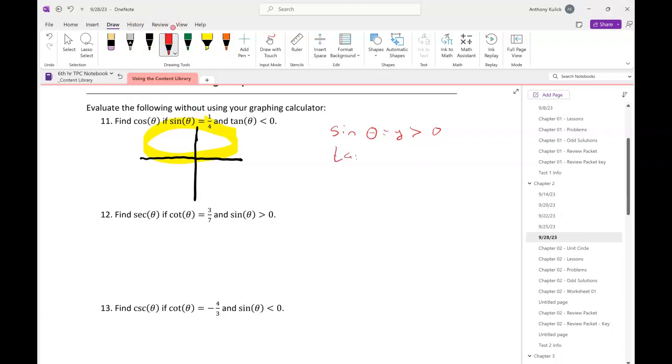We're told tan theta, which is y over x, is negative. If y is positive, that tells me that x has to be the negative part. So I'm looking then at quadrants 3 and 4. What quadrant does theta actually have to lie in then? Quadrant 3. Great. Everybody's cool?